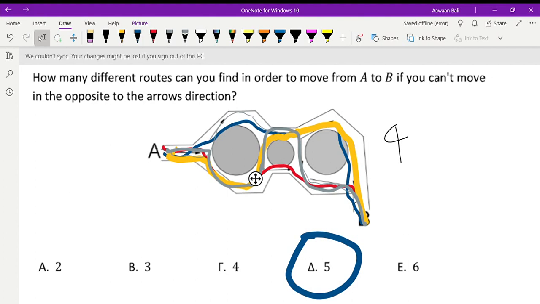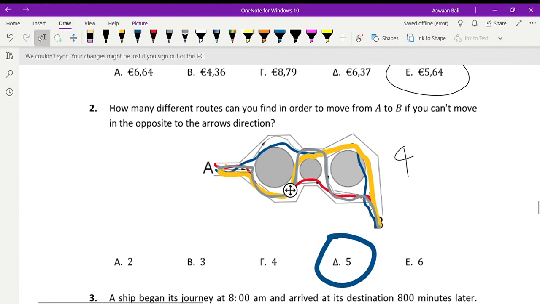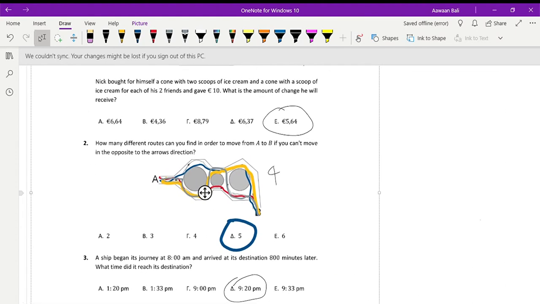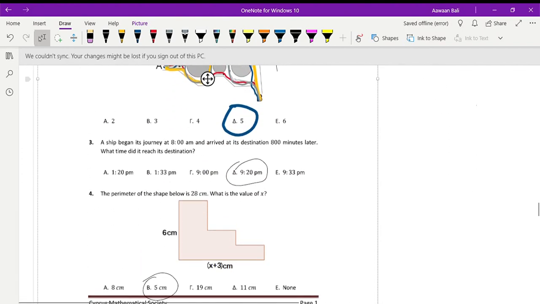There's two normal paths like that. And then there's this one path, and then you just merge between the 2 paths basically. You get 2 normal paths, merge between them, and you get 5 different options. So the answer is delta.